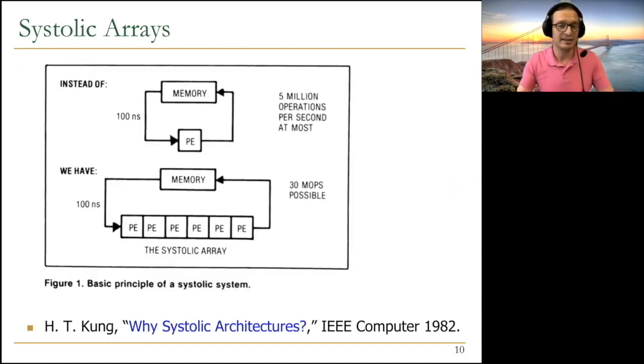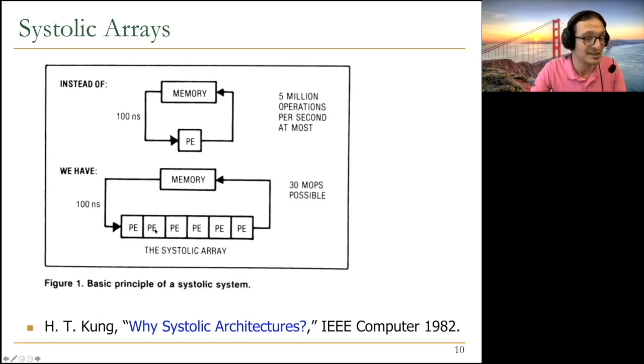So basically, the picture looks like this at a high level. This is from the paper that I recommended to you. Essentially, instead of having a single processing element that keeps fetching data and writing it back to memory, you have, in this particular case, a string of processing elements, or vector of processing elements, that are connected to each other in a linear fashion. As you can see, there are six elements over here. You fetch the data, one processing element does something to it, passes it on to another processing element.